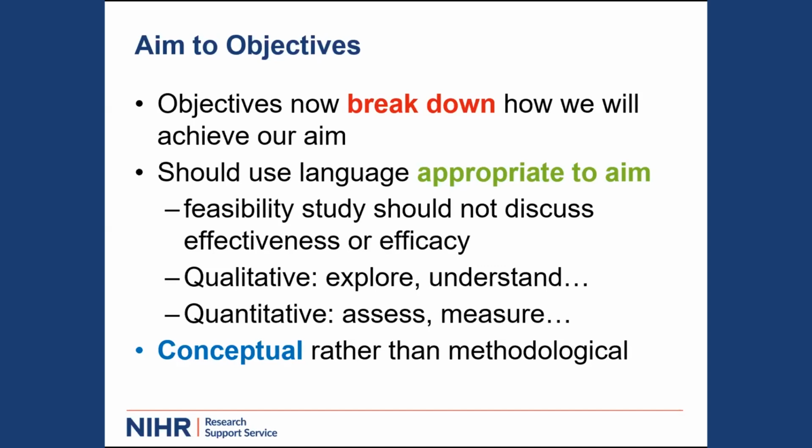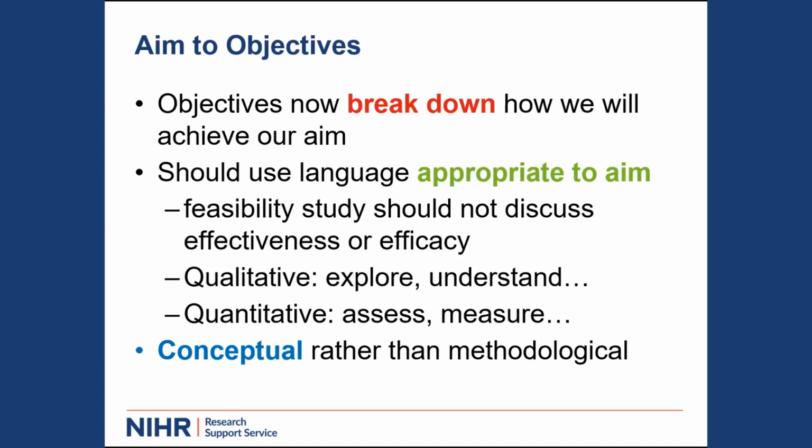And I'd use a section to allow some discussion and rationale for why you're doing these objectives if they're not clear from the research question or the aim or even from the background, but use the background to really expand on it. But you're just trying to give that clear sense of, this is what I'm going to do.